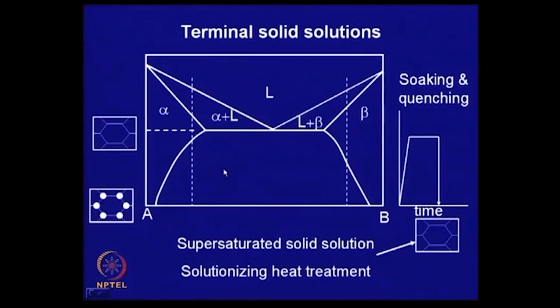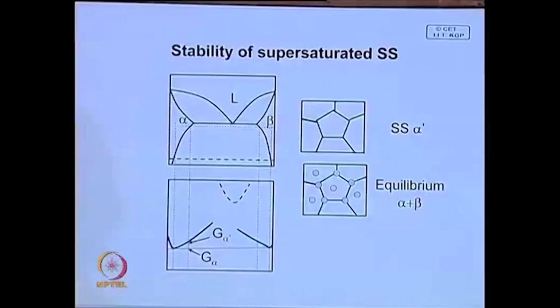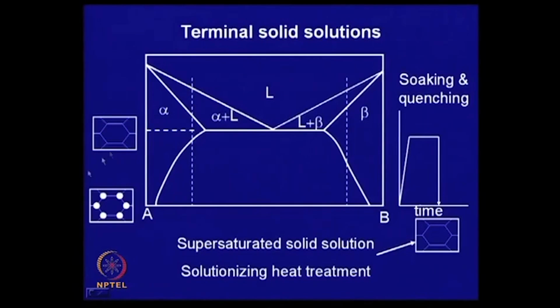Now, let us look at the terminal solid solution here, and what happens if you heat it. Suppose you take this alloy, and at room temperature this is its microstructure.